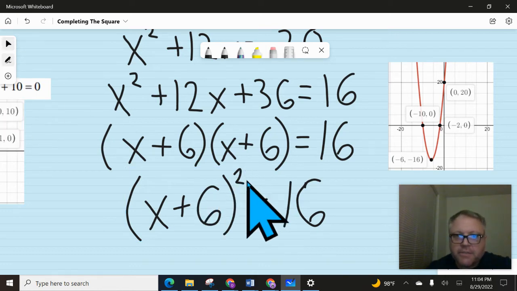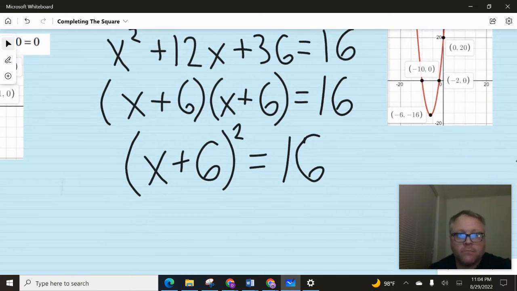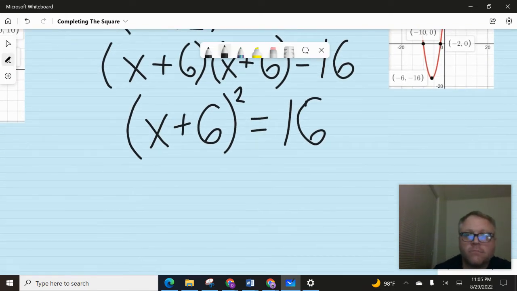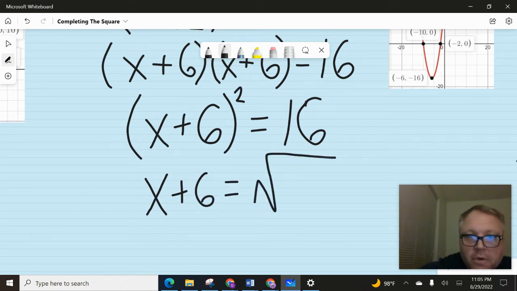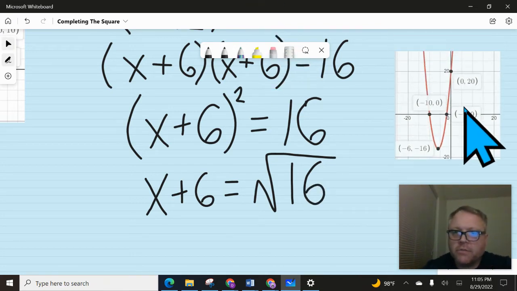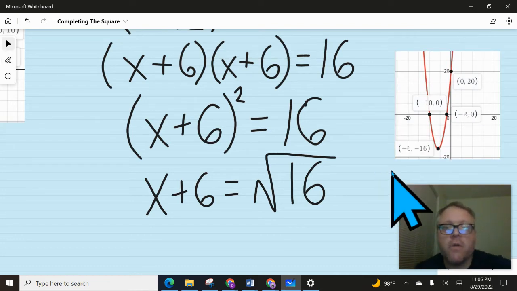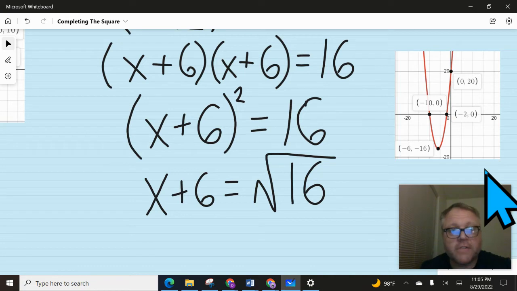To get rid of this 2, I'm going to take the square root of both sides. So x plus 6 equals the square root of 16. What number times itself equals 16? Okay, so we got rid of that.